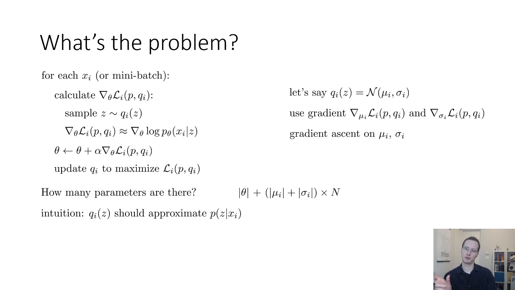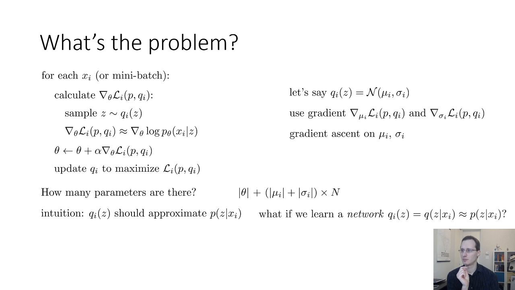Now remember that our intuition is that Qi of z should somehow approximate P of z given xi. So if we don't want to have this many parameters, what we can do instead is not learn a separate mu and sigma for every xi separately, but instead learn a second neural network that predicts the mu and sigma for a particular image.